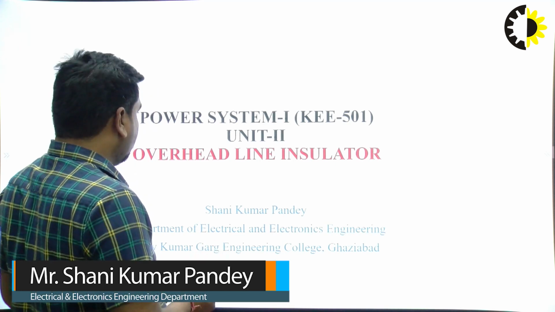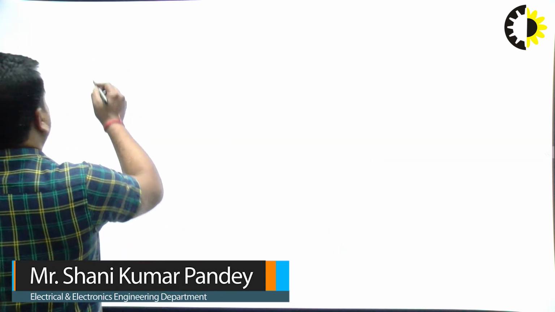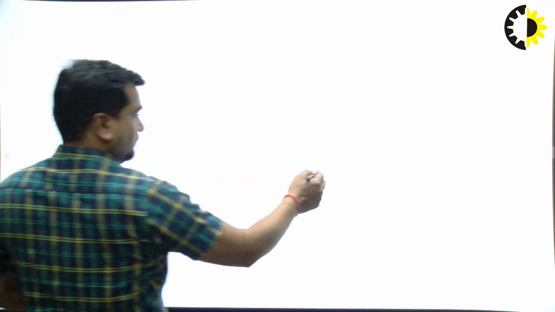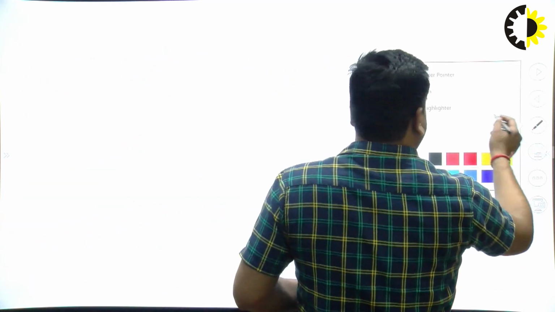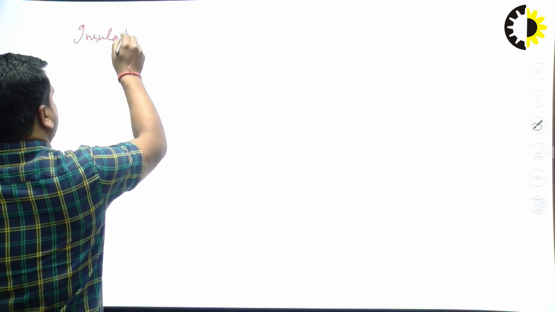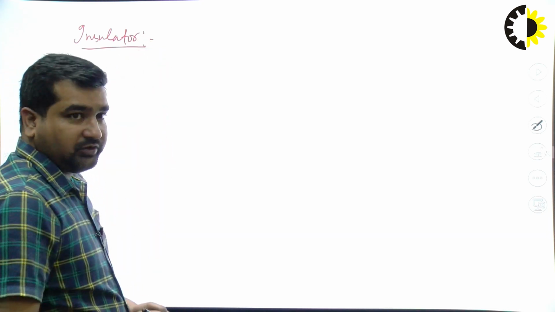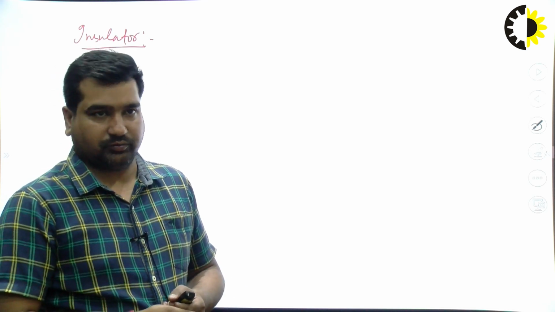Today we are going to discuss the overhead line insulator. First of all, what is an insulator? Insulation basically interrupts the flow of current between two parts of the system.